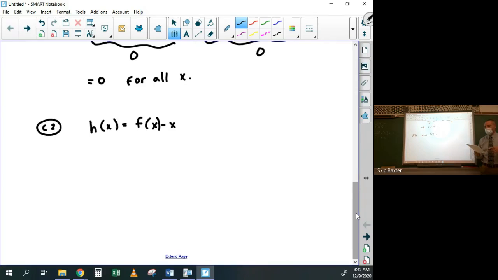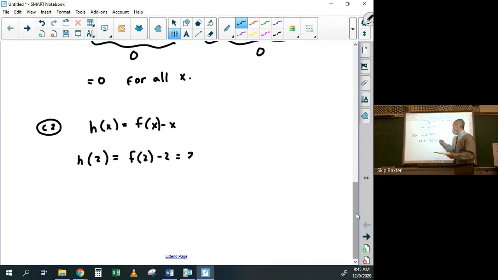This is actually the intermediate value theorem. So you have to state the fact that this is continuous, since f is continuous and so is x. And then just find the values. If you find h of 2, this is f of 2 minus 2, which is 5 minus 2, or 3.